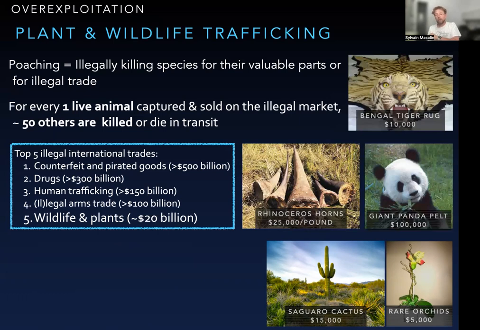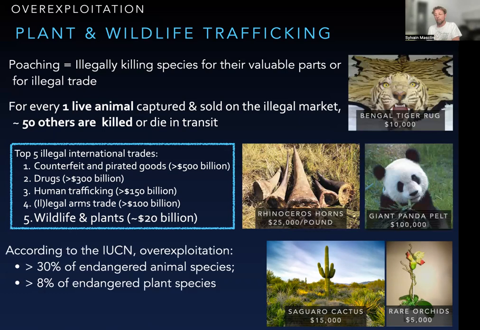This unfortunately impacts the extinction of species, making them more vulnerable. It's at least about a third of those trafficking happening on endangered animal species, meaning species that are very close to extinction. We will come with a definition of endangered and threatened very soon. And then it's about 8% of the plant species.